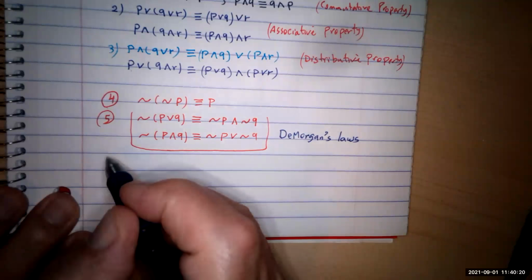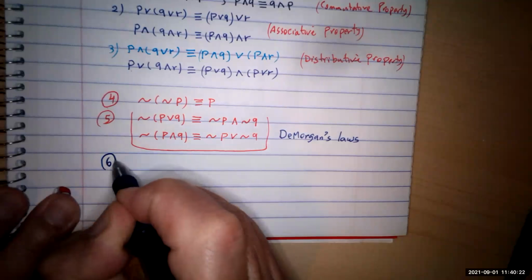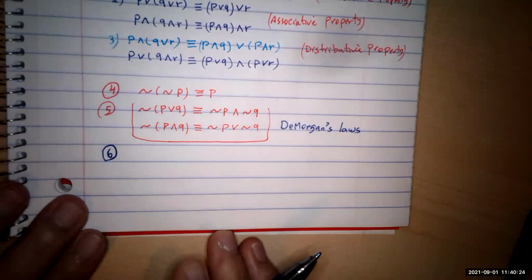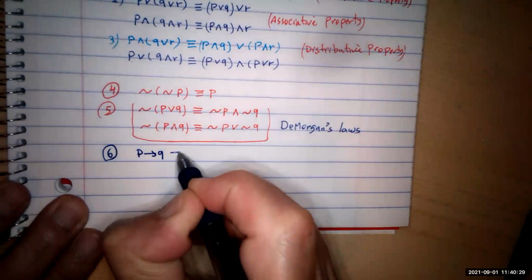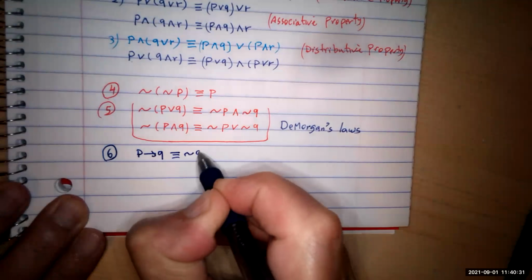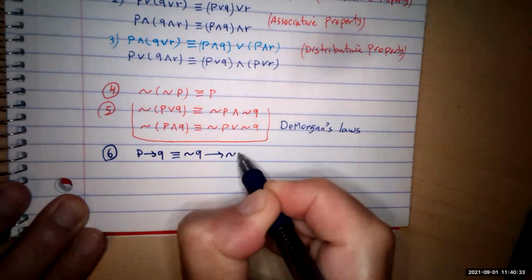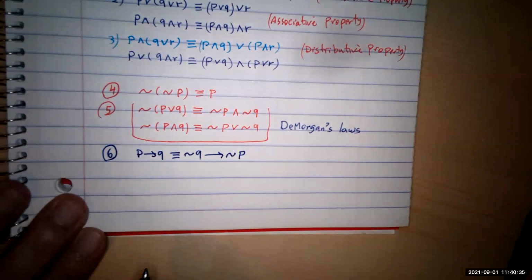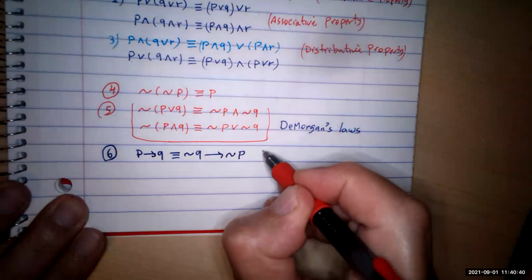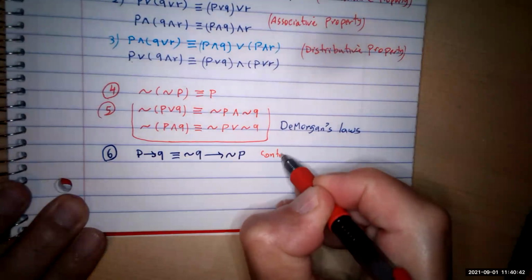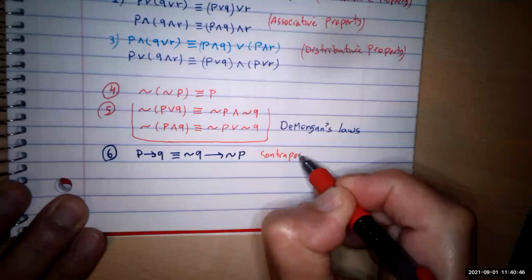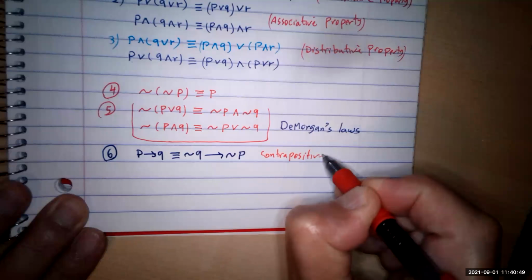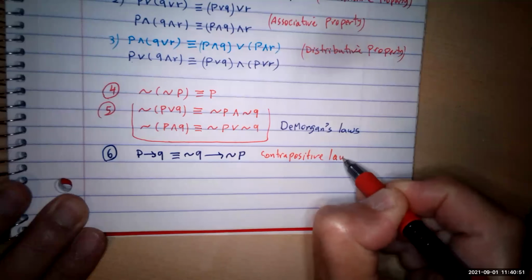Now, the next one, number 6, is very important again. This is the one that I did prove for you. If P then Q is the same as not Q implies not P. We call it the contrapositive property or law.